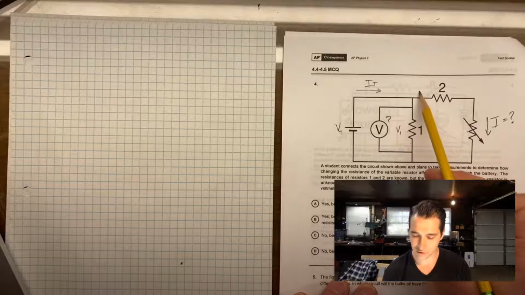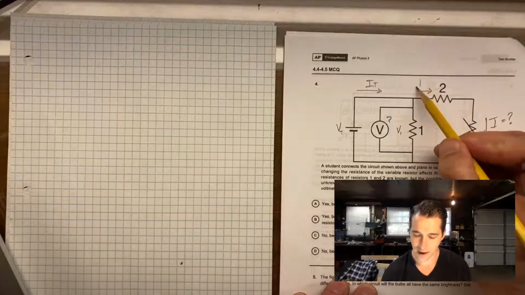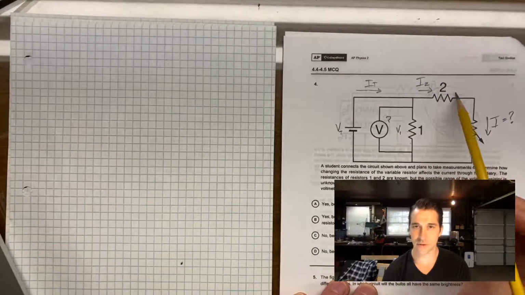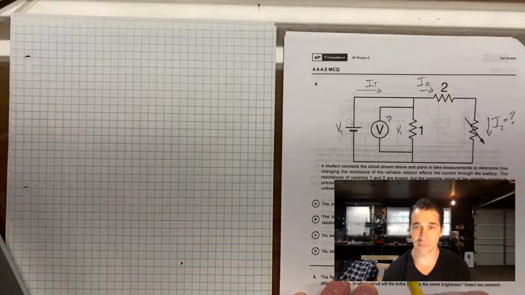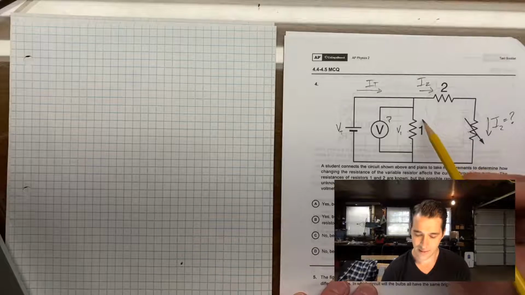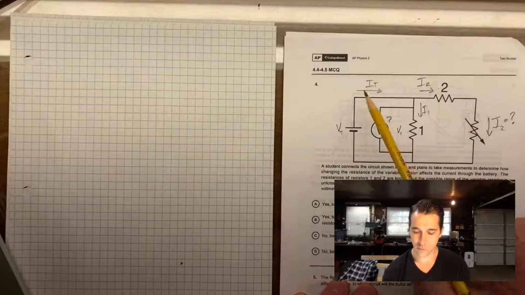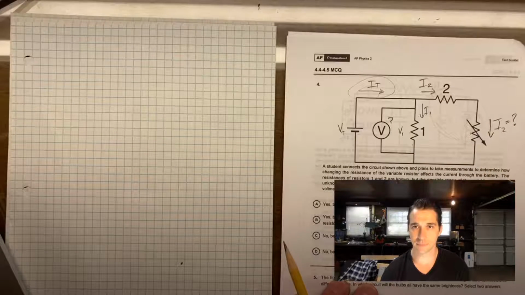Then that current will split. Some of it will go here. I'll call it I2, even though it goes through resistor 2, it also goes through your variable resistor. Then it splits and some goes down here, I1. So what do we know? The total current is equal to I1 plus I2.